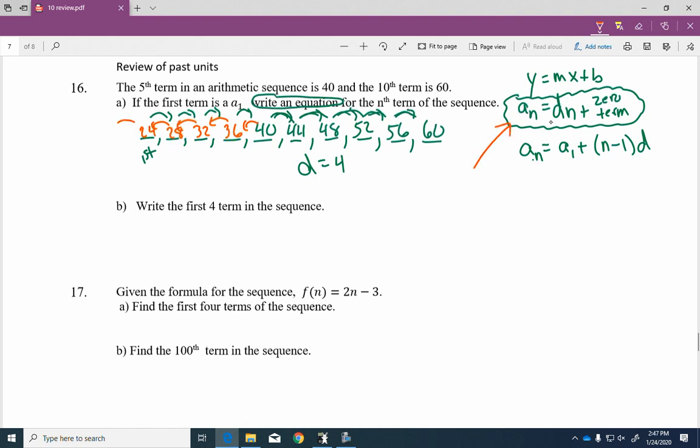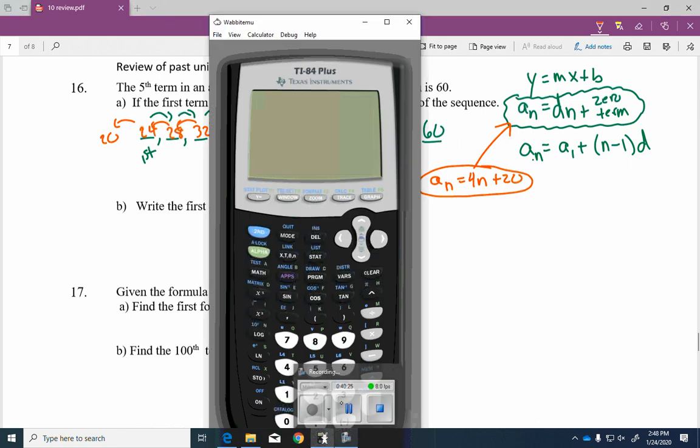So why don't I go back one more to 20? So my equation, or my explicit formula, is going to be a sub n equals the common difference times n plus the 0 term. This would generate my equation I have there. And if you don't believe me, check it out on your calculator.